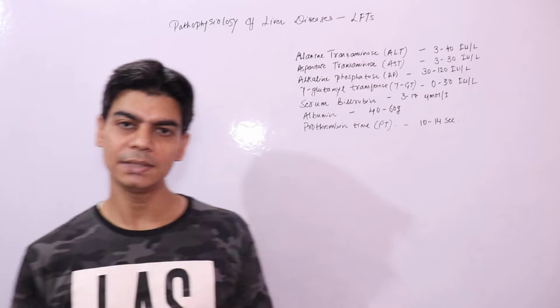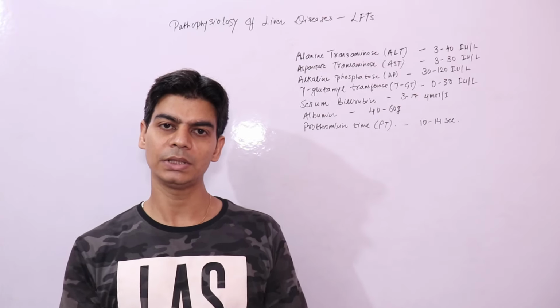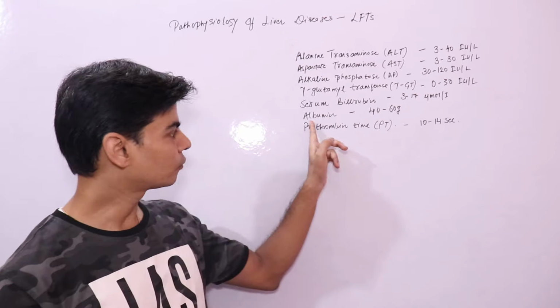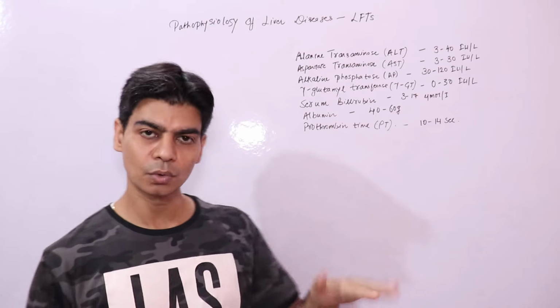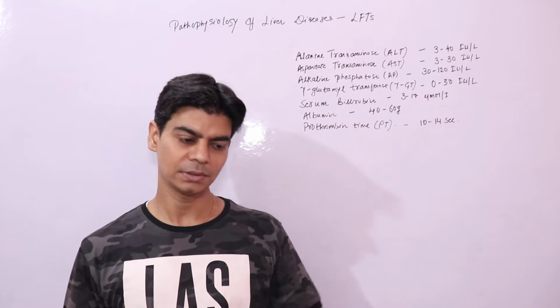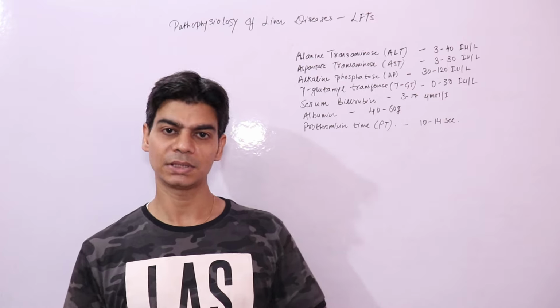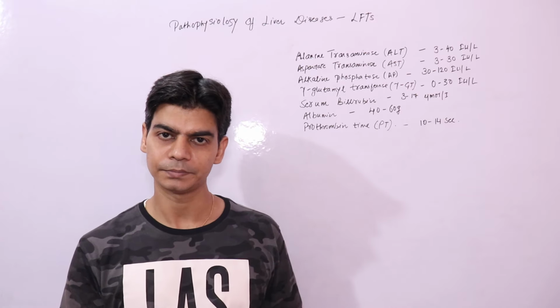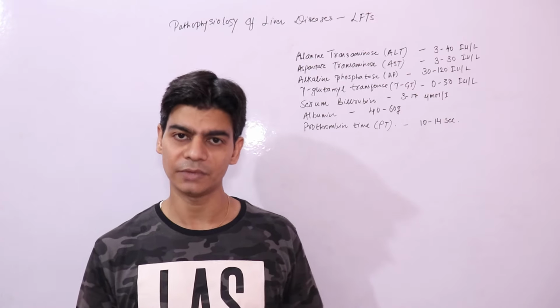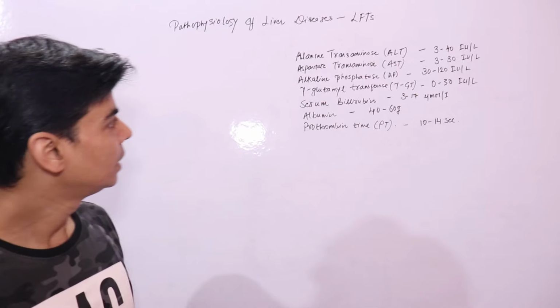And if there are any issues with the synthesis of proteins, then your albumin will go down. That means there are some issues with the synthetic functions of the liver, maybe a protein deficiency. We'll just look into it.